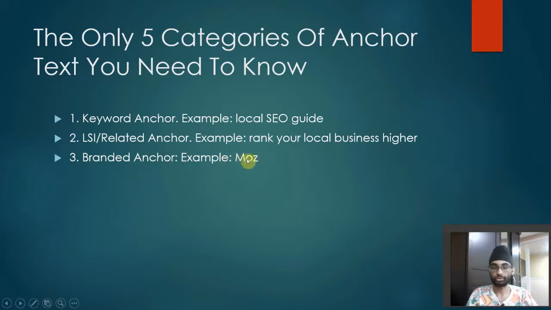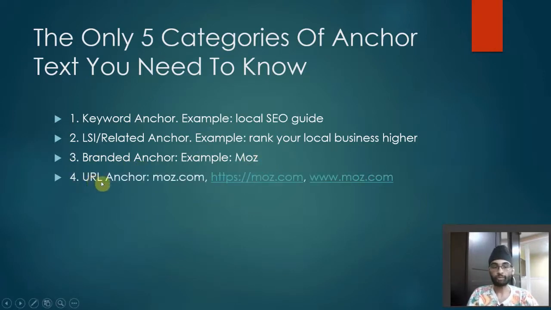Or let's say your business name is, for example, Seashore Restaurant. So you may use Seashore Restaurant as your anchor text, and this represents your branded anchor text. So it is basically what your brand name is, and that's essentially what it means here.